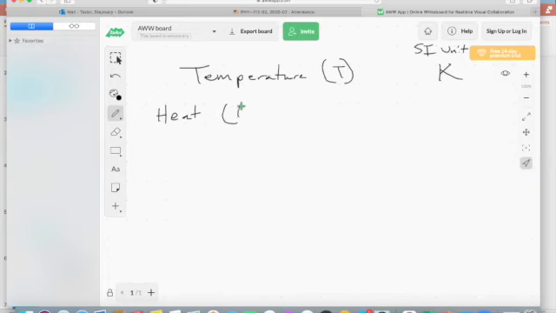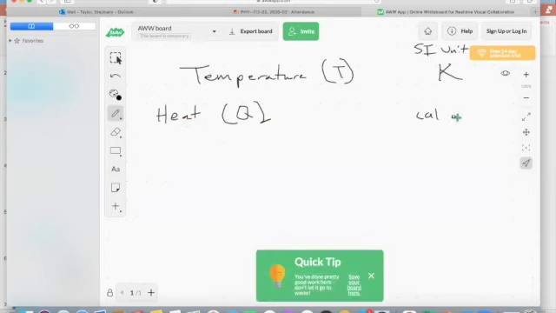Heat is denoted by capital Q, and the SI unit for heat is calories or joules, capital J. So this is calories.